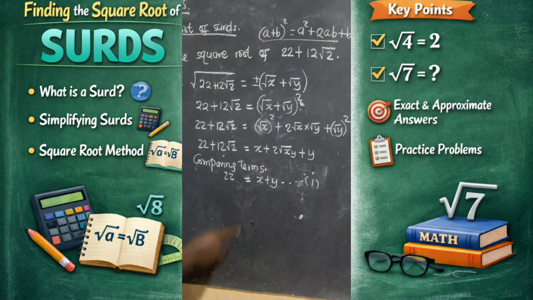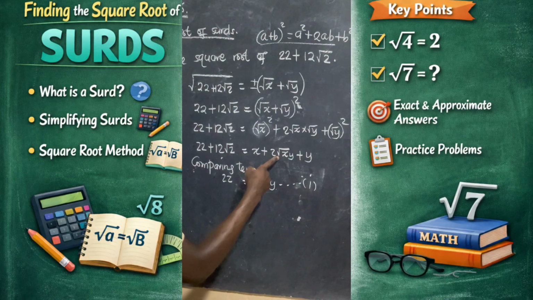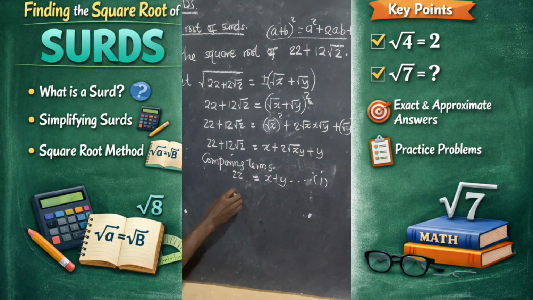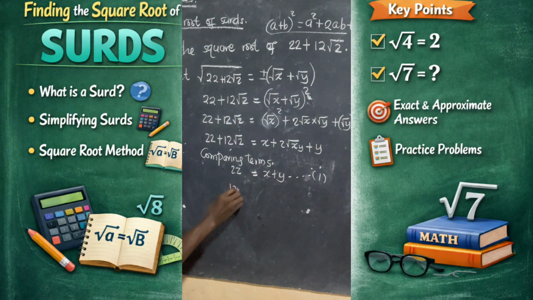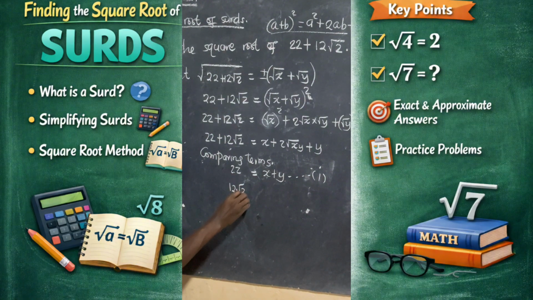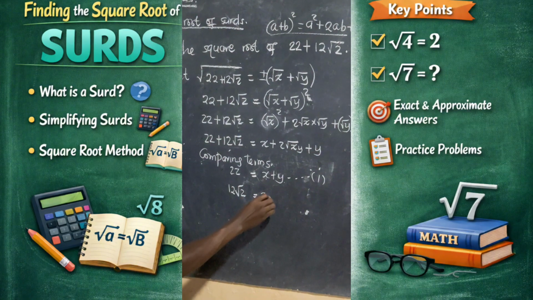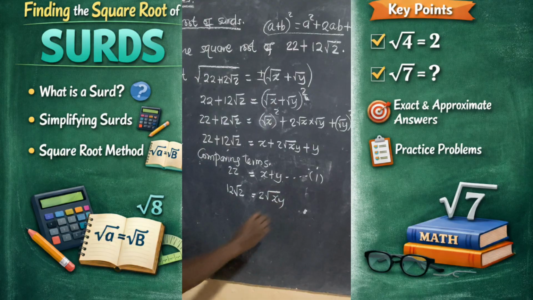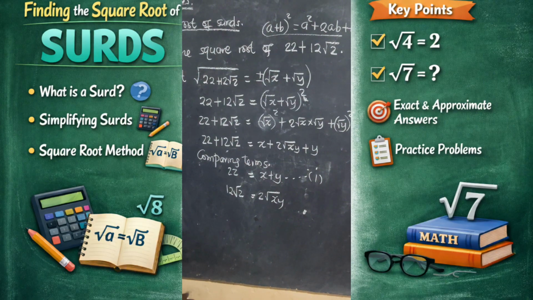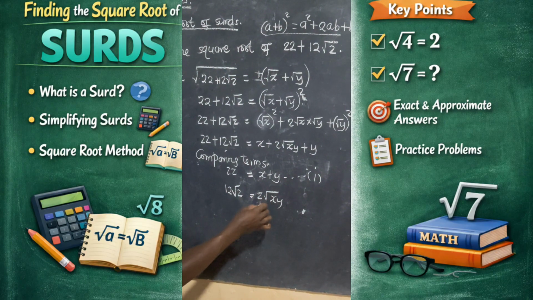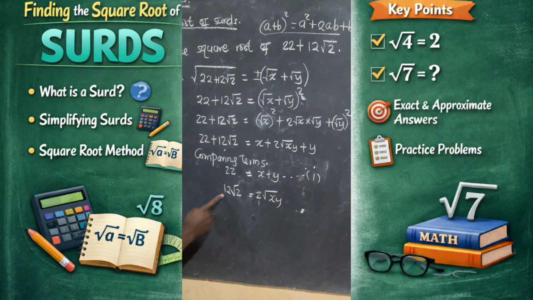Then I look at the surd now. The surd is 12 root of 2 is equal to 2 root of xy. Before you call this equation 2, see some values can reduce by 2: 12 by 2 is 6.